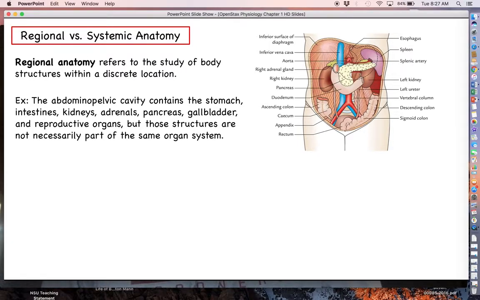Those different organs that I have listed are not all necessarily strictly connected to one another in terms of their function, right? One of the things that we are definitely going to come to appreciate in this class is that nothing in the body exists in a vacuum. Everything has some effect on something else. Your endocrine system has some effect on the muscular system.